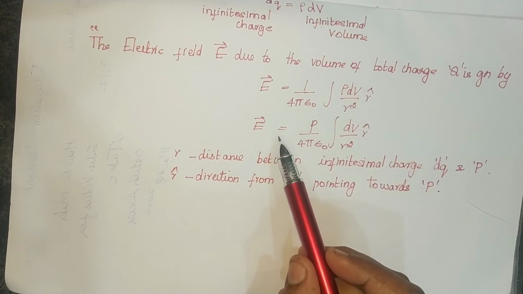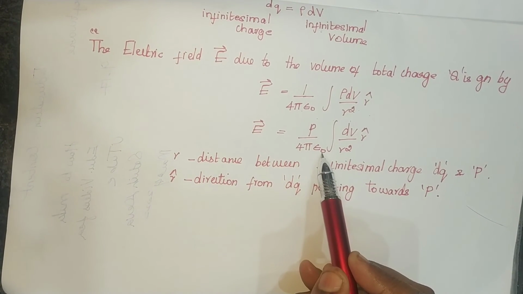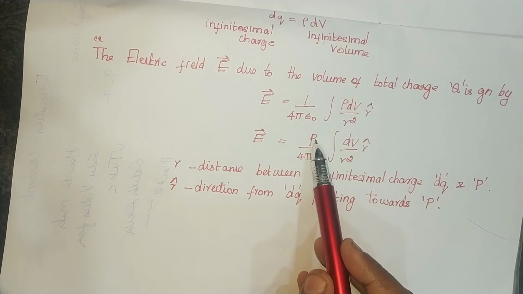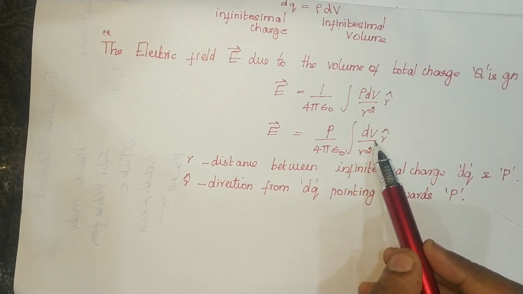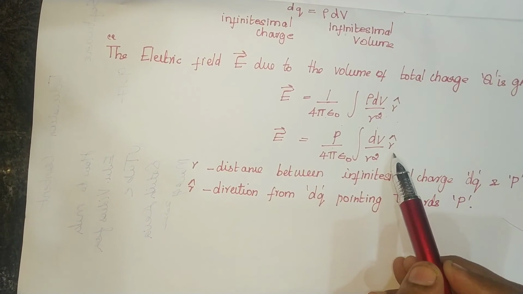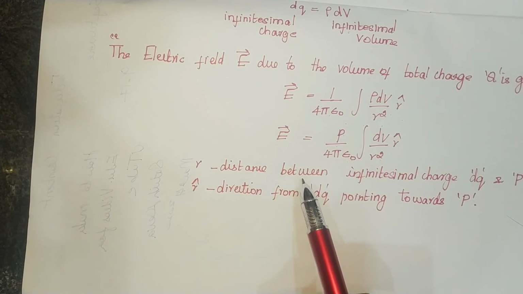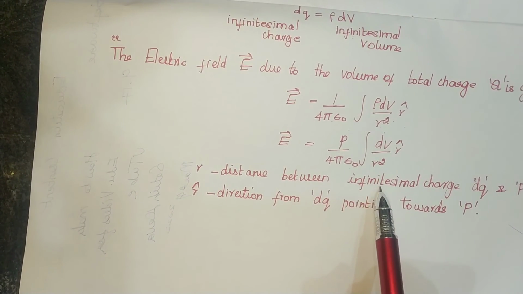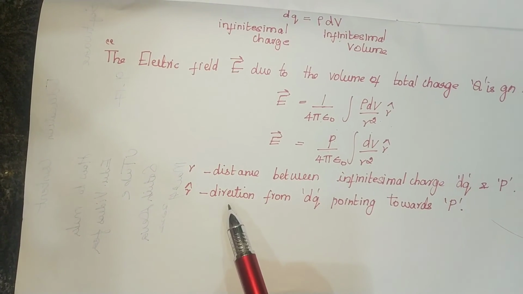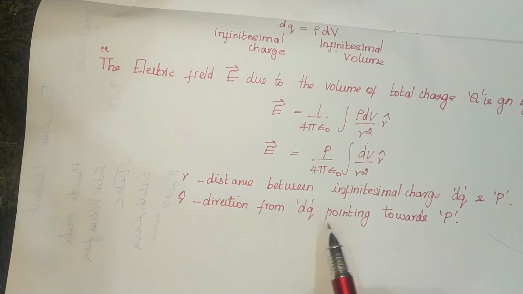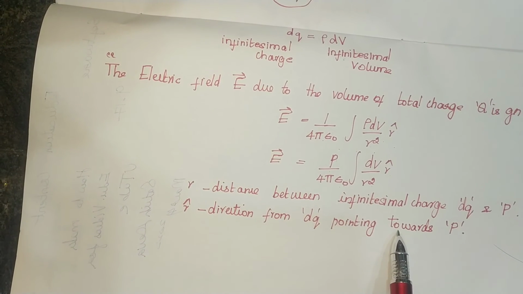Rho is a constant value, so E vector is equal to rho by 4 pi epsilon naught integral dV by r square r unit, where r is the distance between infinitesimal charge dq and point P, and r unit is the direction from dq pointing towards P.